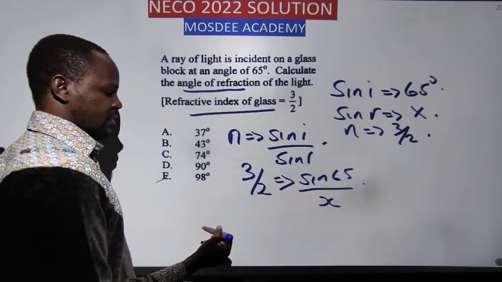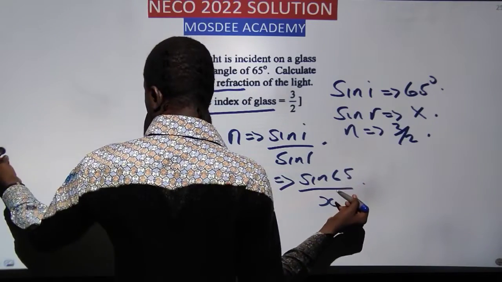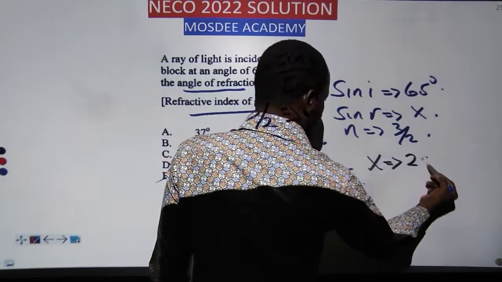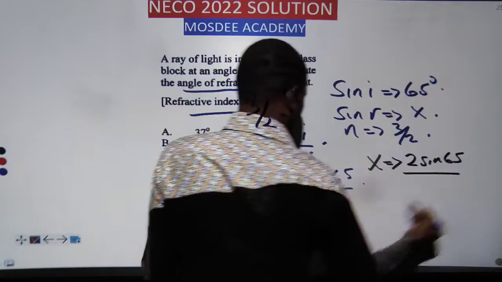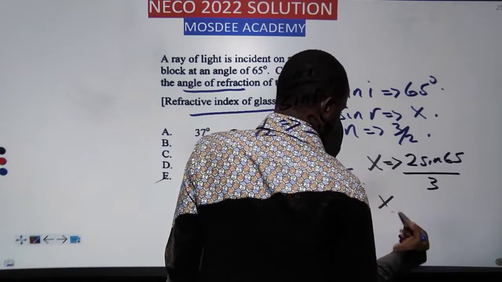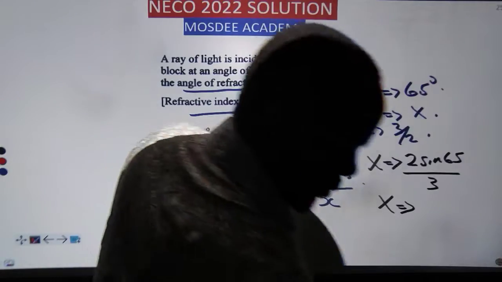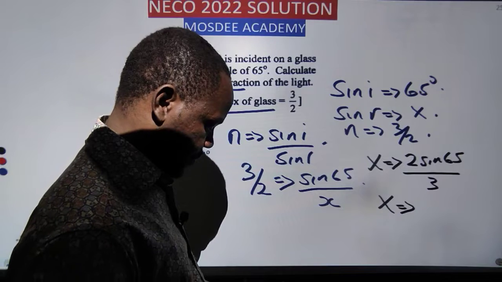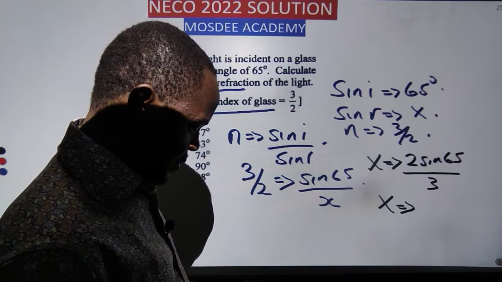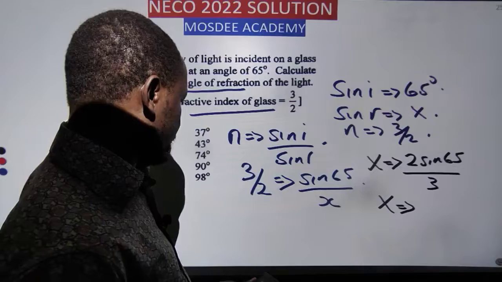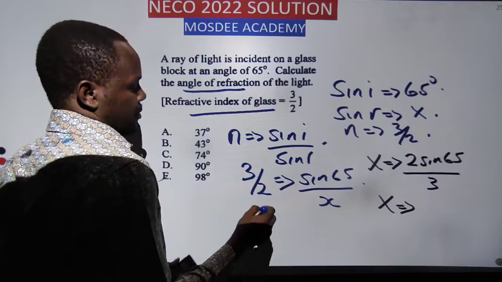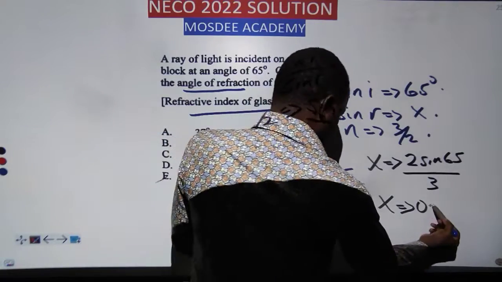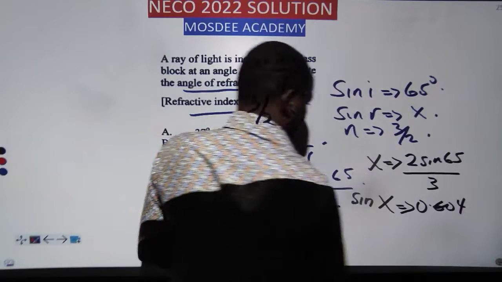So that's like saying the answer for sine x will be equal to 2 sine 65 divided by 3. So that's what I need answer for. 2 times sine 65 divided by 3. I have 0.604, so sine x equals 0.604. I need arc sine.